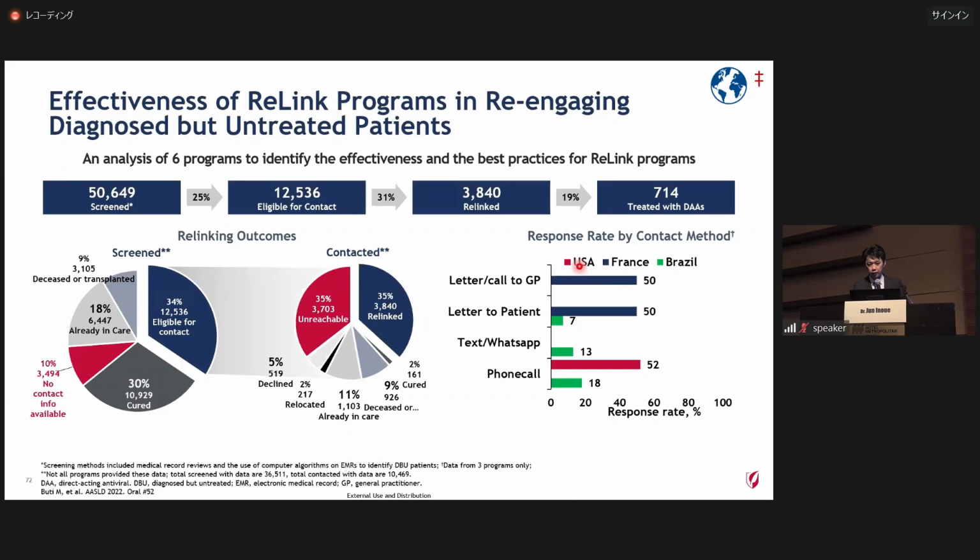This program was performed in USA, France, and Brazil, and response rate was different by contact method. The patient was contacted with a letter. The response rate was high in France, and the phone call was effective in USA. So we have to try such different methods to relink patients.